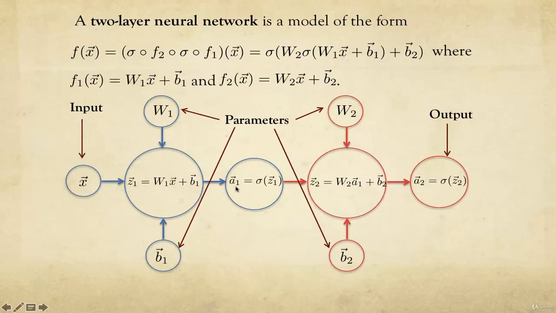We call that a1. And then we repeat this process. We take a1 and we feed forward and apply it with w2 and b2 by multiplying by w2 plus b2. We call that z2. Notice the subscript here. And then we feed that forward into sigmoid again. And we call that a2, where a2 is sigmoid of z2. So a two-layer network is basically applying what we did earlier twice, an affine function and a sigmoid 2 times.